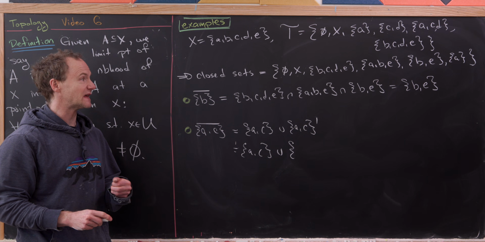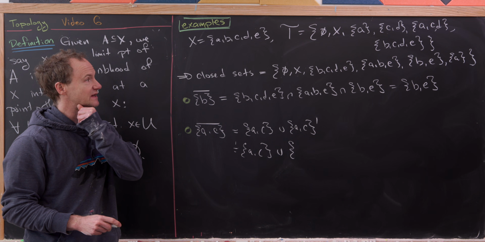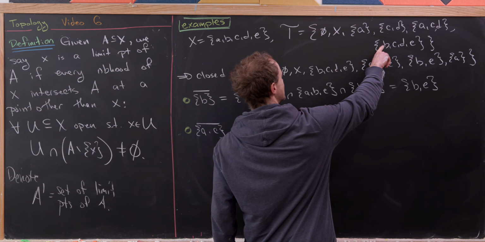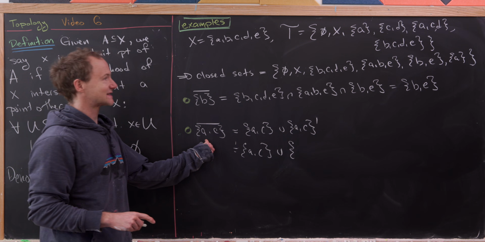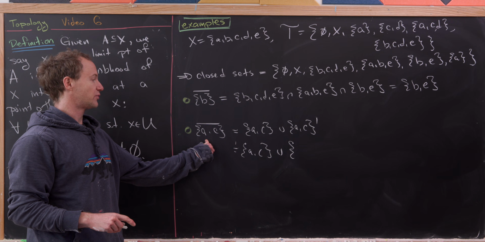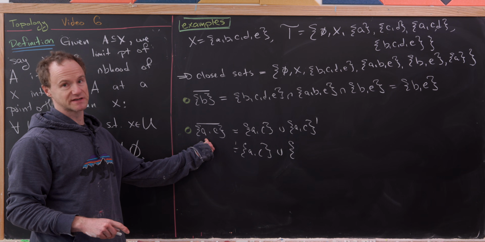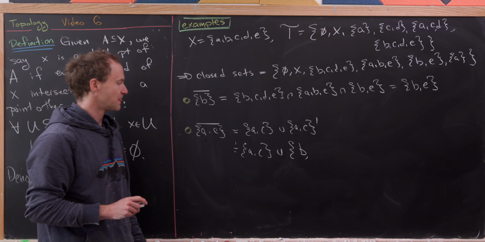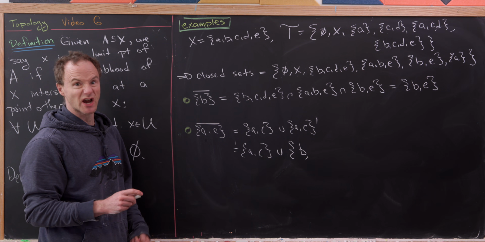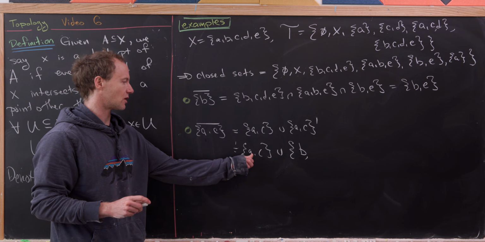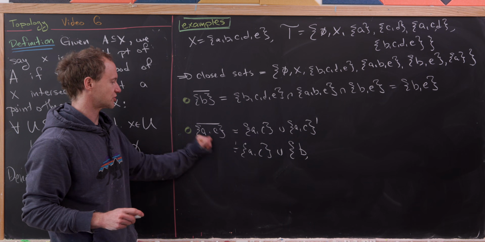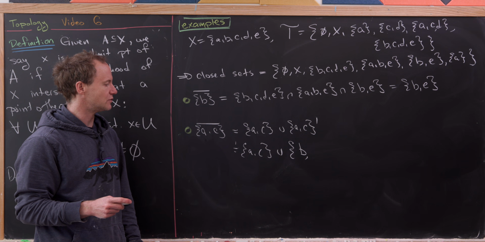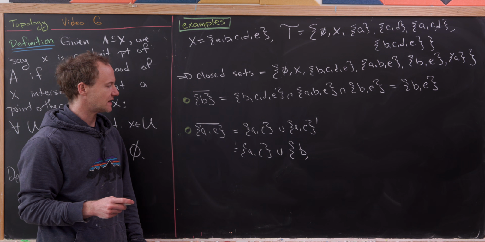I claim that B is a limit point, and that's because every neighborhood of B, there's only one neighborhood of B here, intersects our set in a place other than B. It intersects our set in C. So that means that B is a limit point. And then we don't need to check if C is a limit point because C is already in the set. Since we're looking for the closure, we don't really need to know if it's a limit point or not.